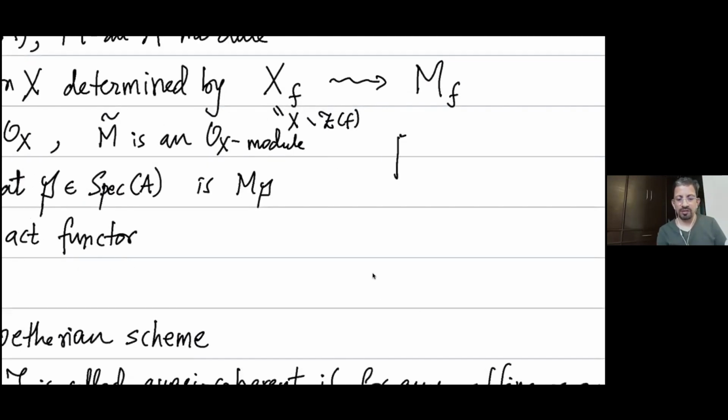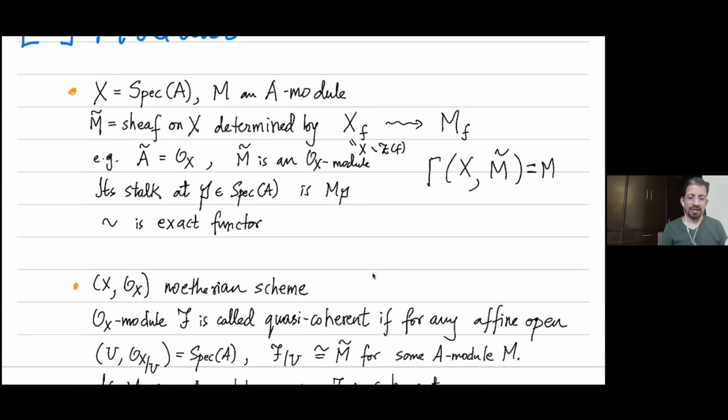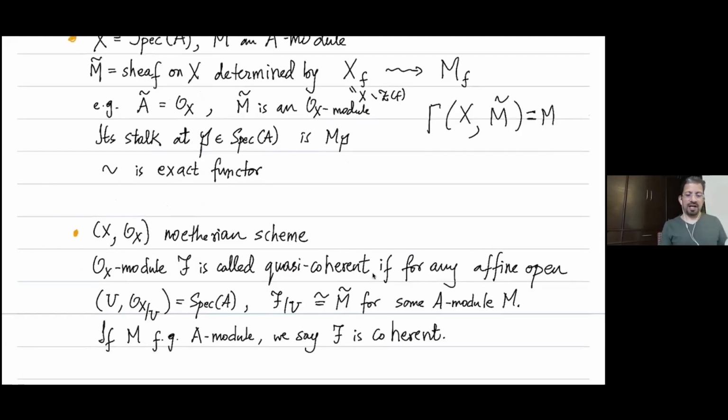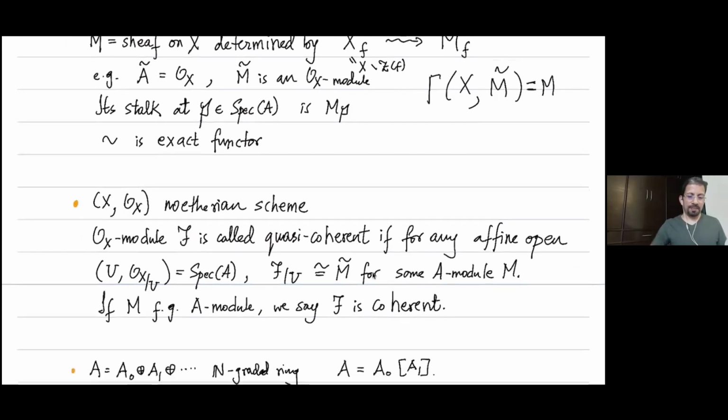Global sections of M tilde is M. This is important. It says that you really don't get anything new, and this is always the case over all these affine objects. You don't really get anything new by constructing a local object like this. You still got back only M, nothing more. Its stalk at any point P is MP, and this is an exact functor. These are all easy to see.